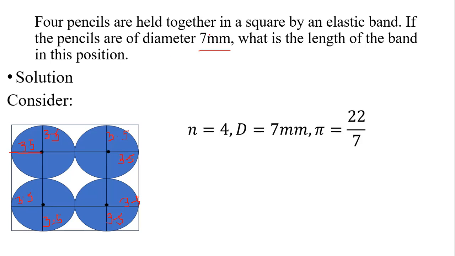Now, what are we really looking at? We are looking at the points of each circle that touch the band. The two points form a sector, with an arc length.